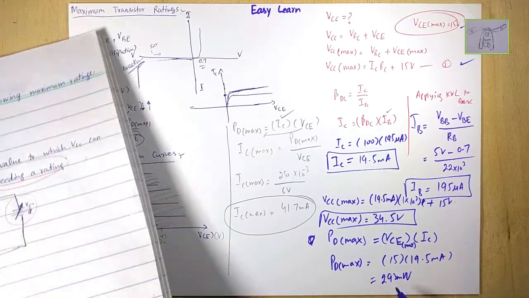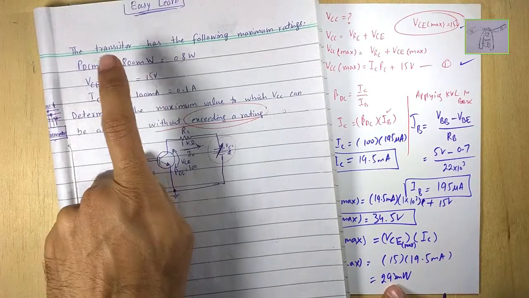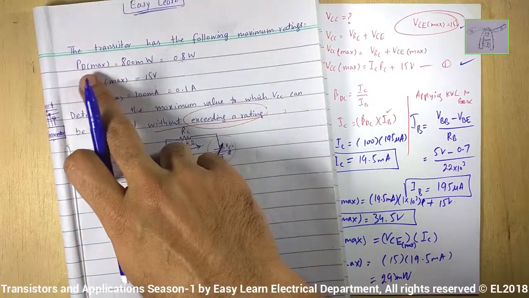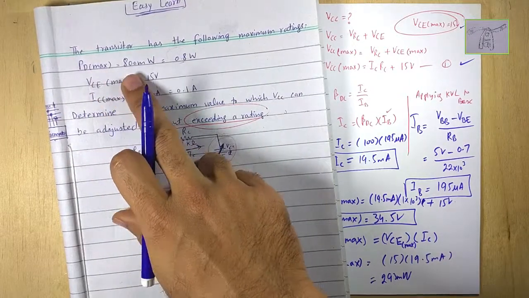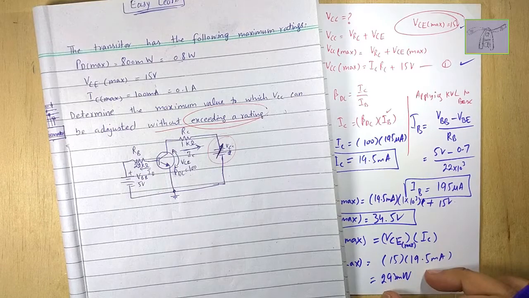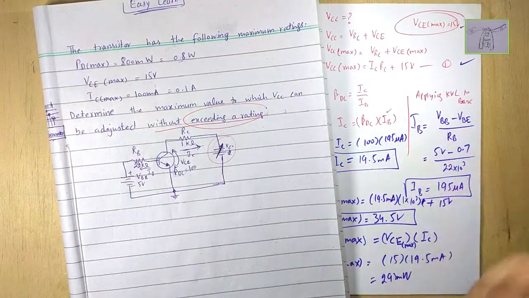Now you can see that 293 milliwatt is less than 800 milliwatt. The maximum power dissipation allowed is 800 milliwatt, and this is 293 milliwatt. So we can use this VCC, and it is in the safe zone, and this is allowed.